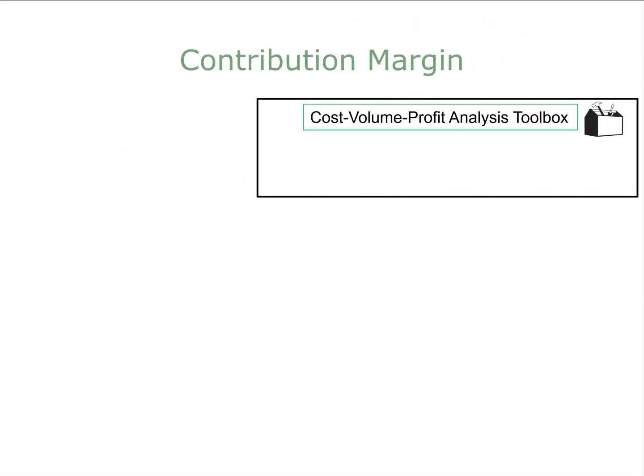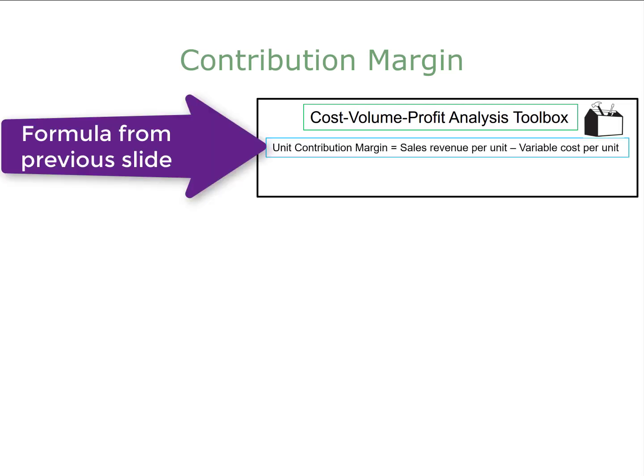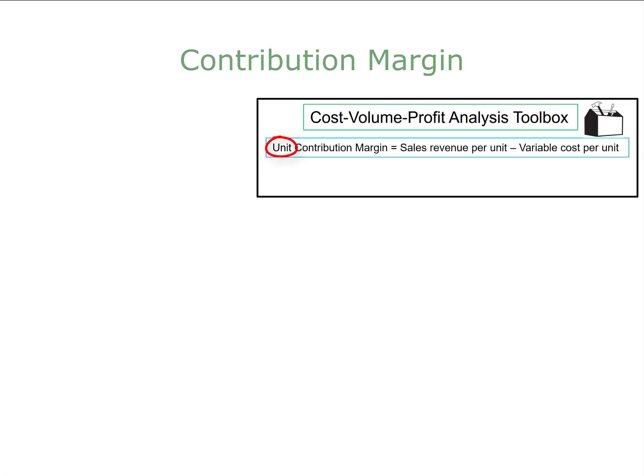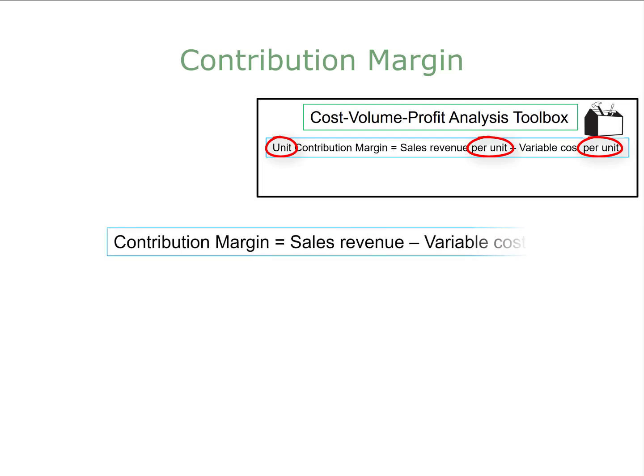So let's start building a cost volume profit analysis toolbox. And the first formula we'll put in it is the unit contribution margin formula from the previous slide. Notice that the formula was expressed as per unit in 3 different places. We can remove the 3 unit parts of each variable and it becomes contribution margin equals sales revenue minus variable costs.